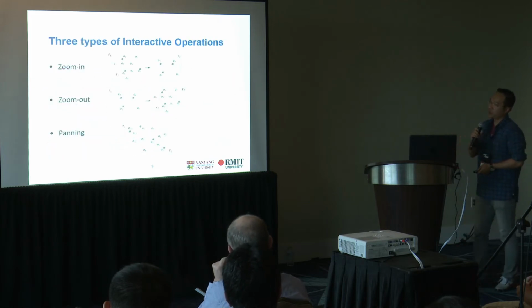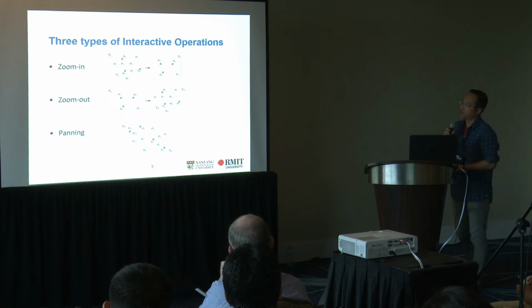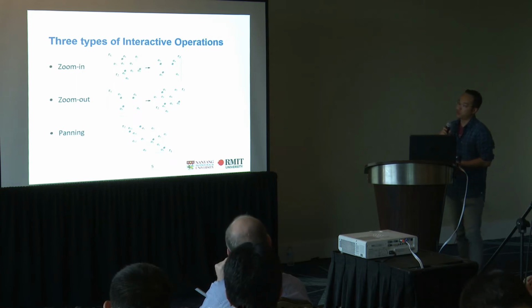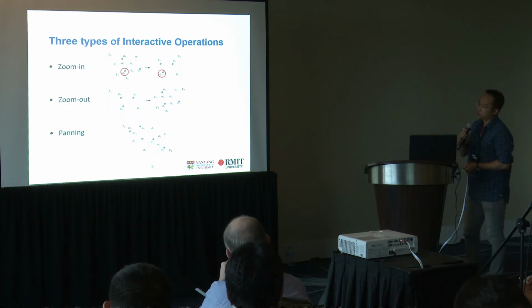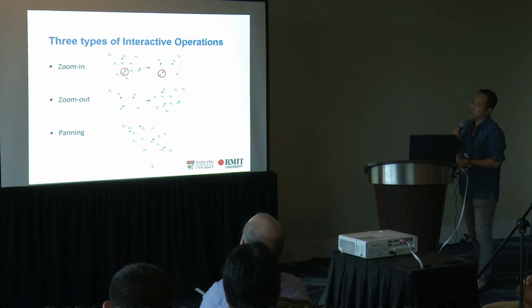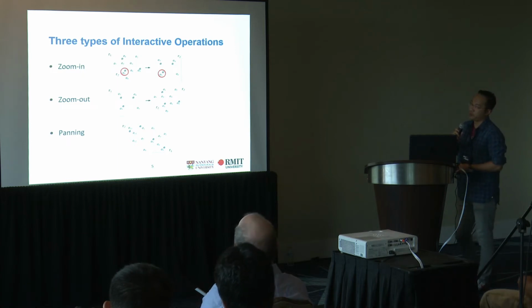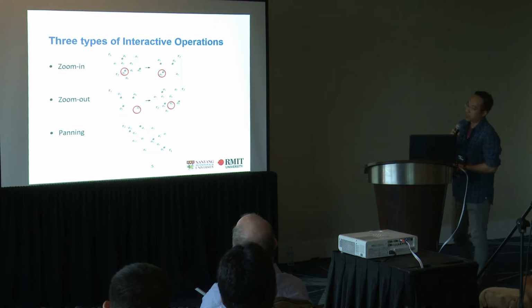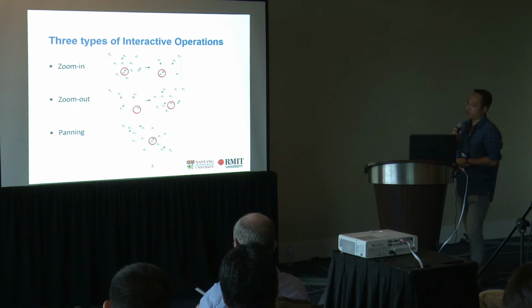In this work, we consider three types of interactive operations: zoom in, zoom out, and panning. For zoom in, something already shown on the map should be visible after zooming in. For zoom out, items that are not visible should also not be visible after zooming out. Similarly for panning, the overlapping space should remain consistent.